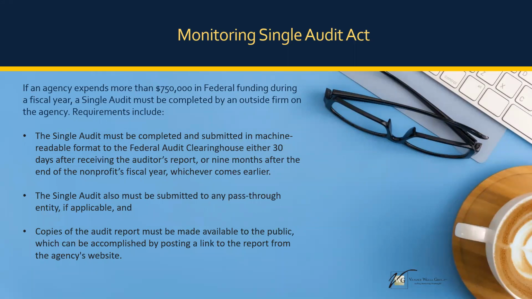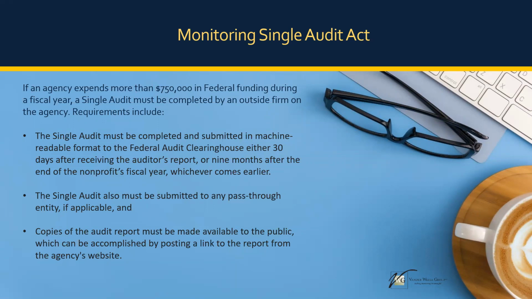The other thing, like I mentioned before, is the Single Audit Act. There are a lot of districts, not only school districts, but individual schools or metropolitan areas, that may not have received a grand total of $750,000 in federal funding before COVID. But with over $200 billion being pushed out from the federal government to local school districts, a lot of these districts, schools, or subrecipients have probably gone over this amount.